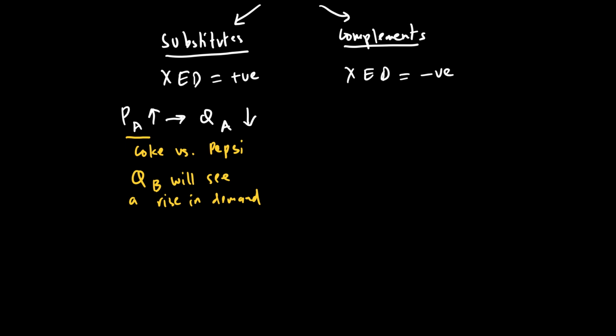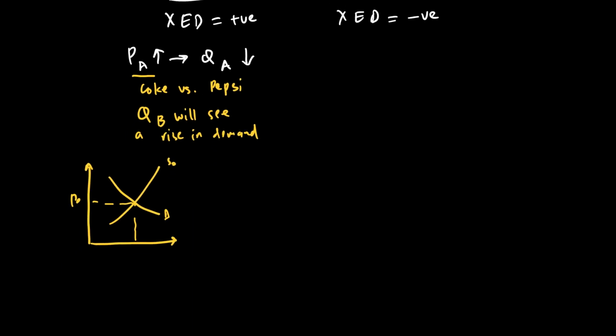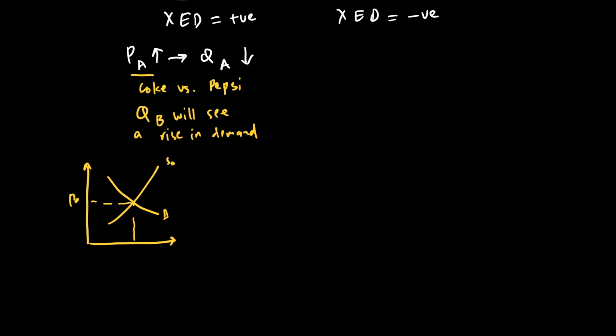How do I show that in terms of a diagram? We've done this before in the equilibrium discussion. Let's say this is demand and supply for Coke, and for some reason the supply curve shifts backward and Coke becomes expensive, to P1.